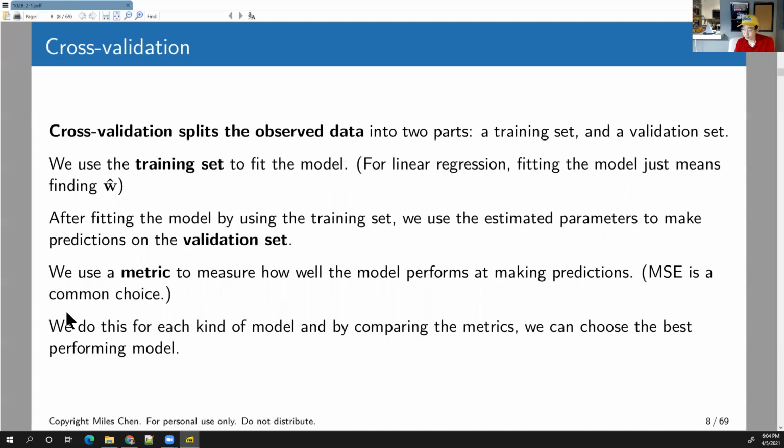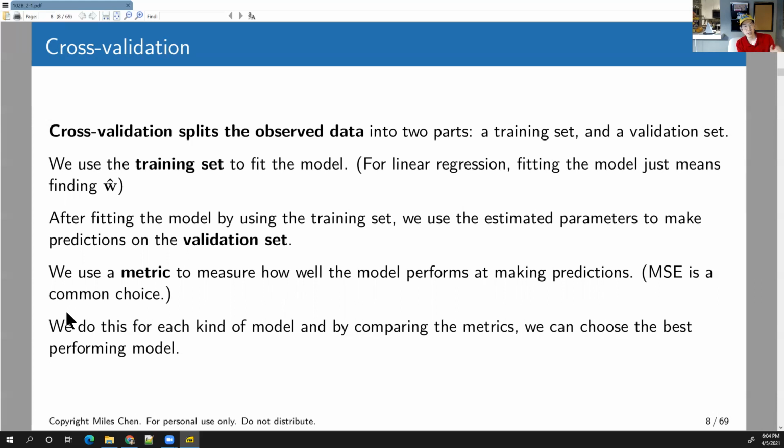Rather than just saying, well, I like this one more, and having an arbitrary thing, we use this cross-validation approach. From a high-level perspective, cross-validation takes the observed data that you have and splits it into two parts: a training set and a validation set. We use the training set to fit the model.